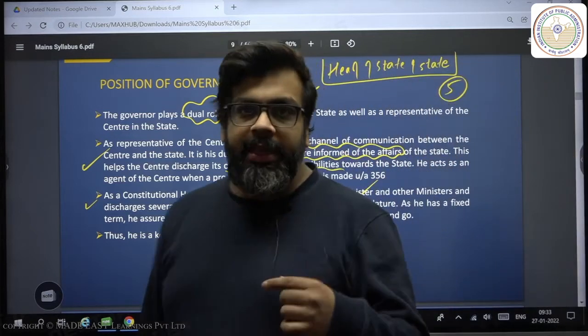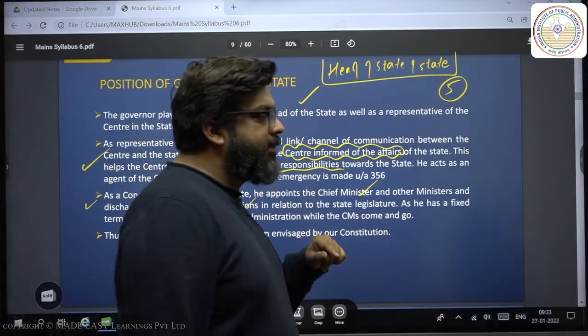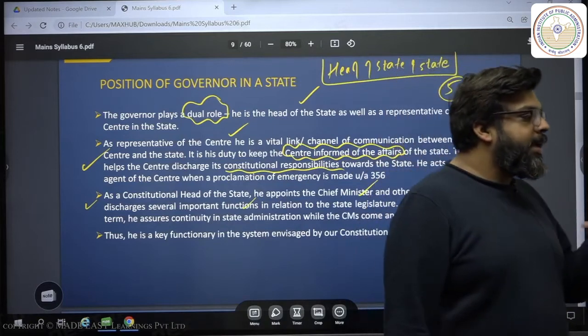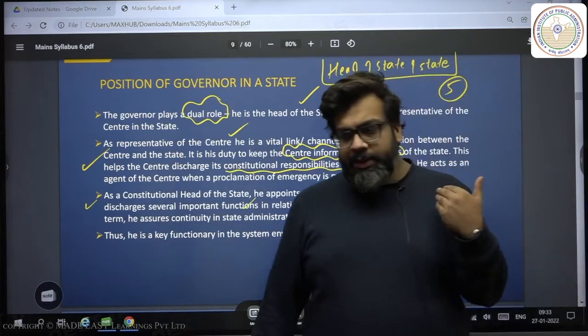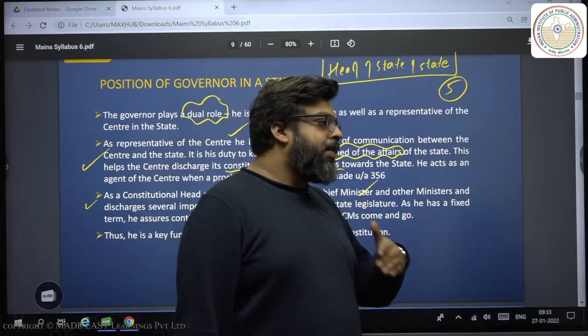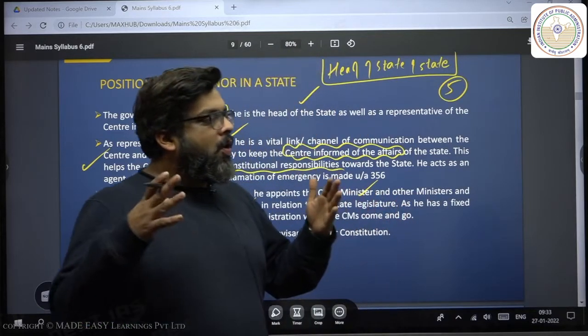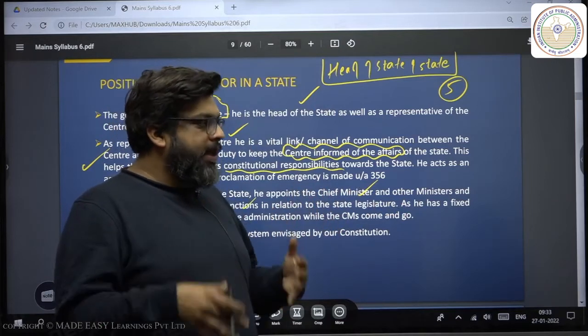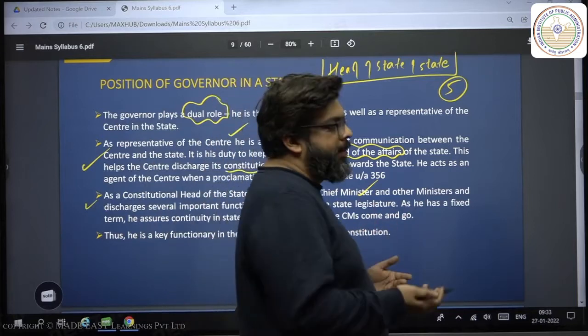See, very interestingly, most states don't have legislative councils, which means most states don't have a permanent legislative chamber. We will discuss this in the parliament as to how the Rajya Sabha is a permanent house, which means all the members of the Rajya Sabha don't change at once. That's why it's called a permanent house.